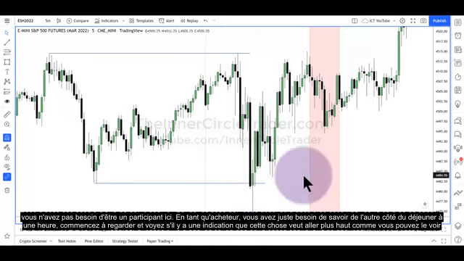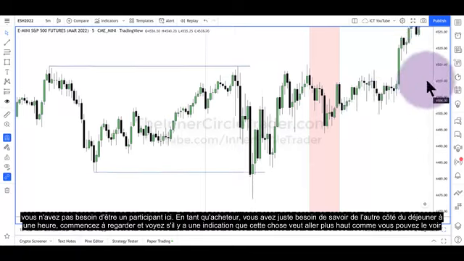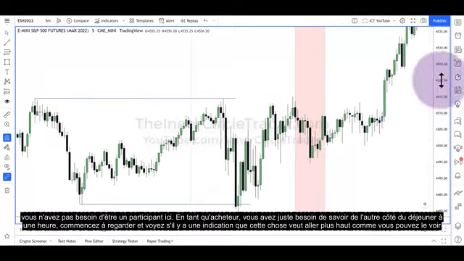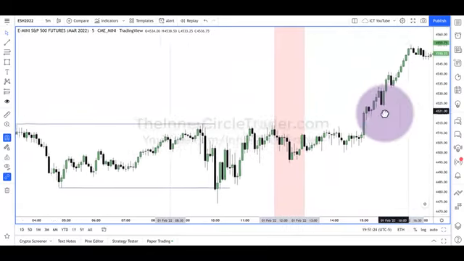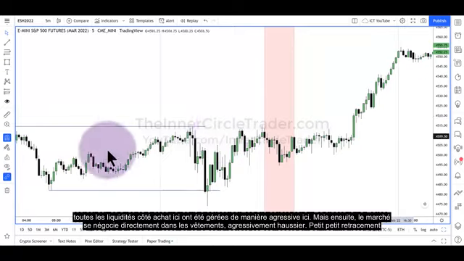You just need to know on the other side of lunch at 1 o'clock, start watching and see, is there an indication that this thing wants to go higher? And as you can see, all the buy side liquidity here ran aggressively, but then the market trades right into the close, aggressively bullish.